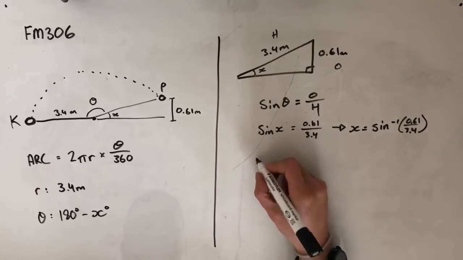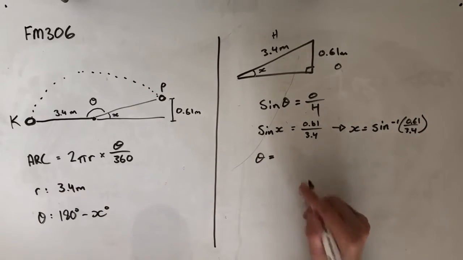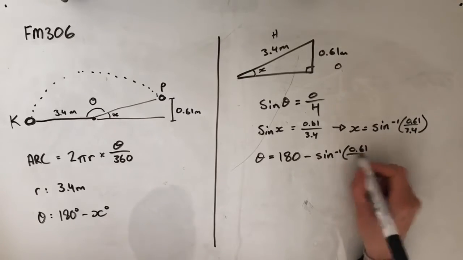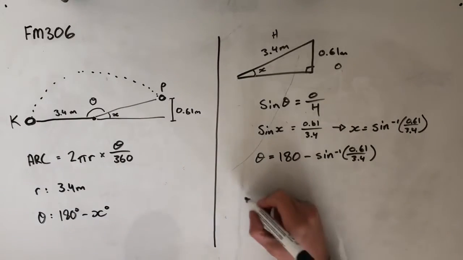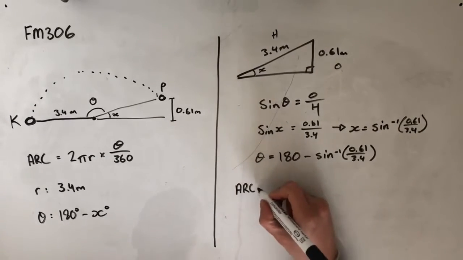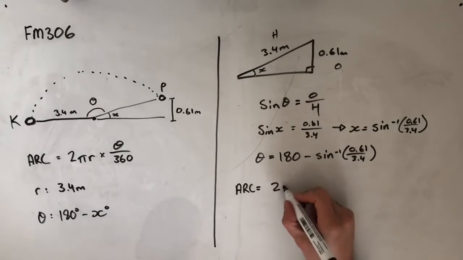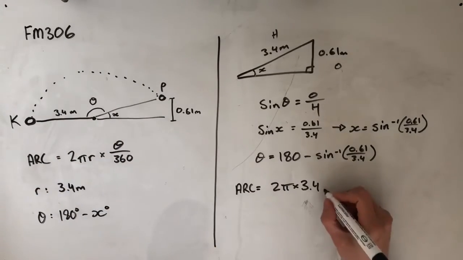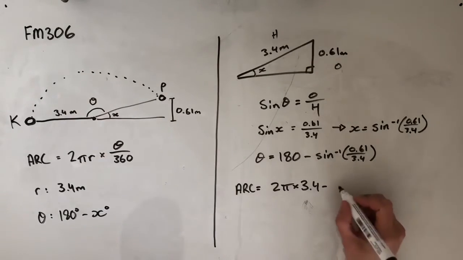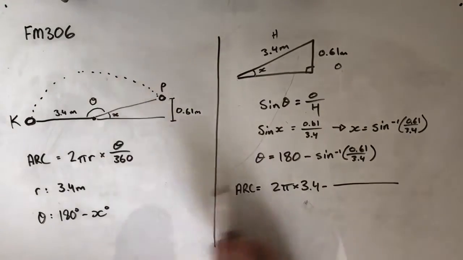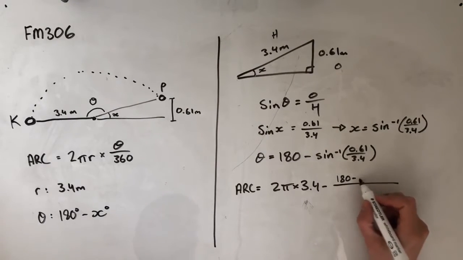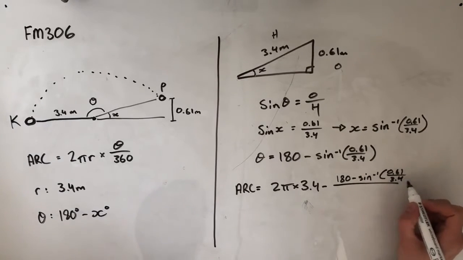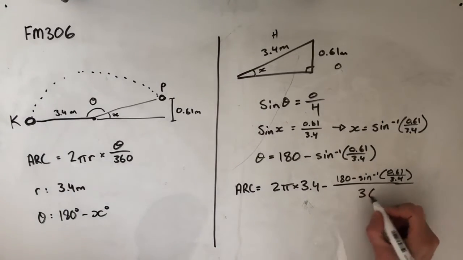Now we know that theta is going to be equal to 180 minus sine -1 of 0.61 over 3.4, which means the arc is going to be equal to 2 times pi times 3.4, substituting our r value, times theta, replacing that with the value that we found here, so 180 minus sine -1 of 0.61 over 3.4, all over 360.